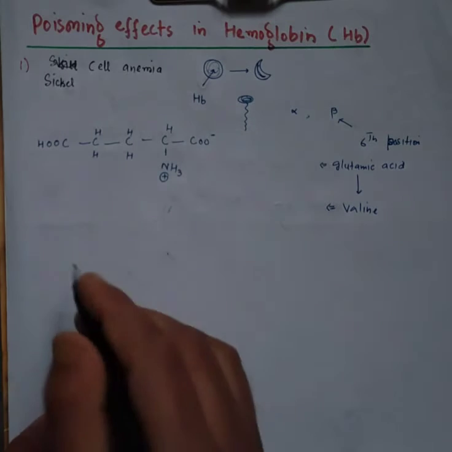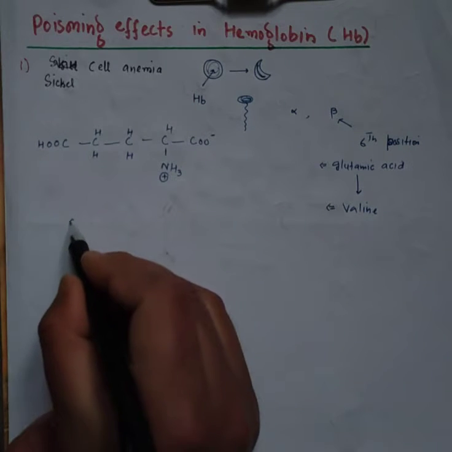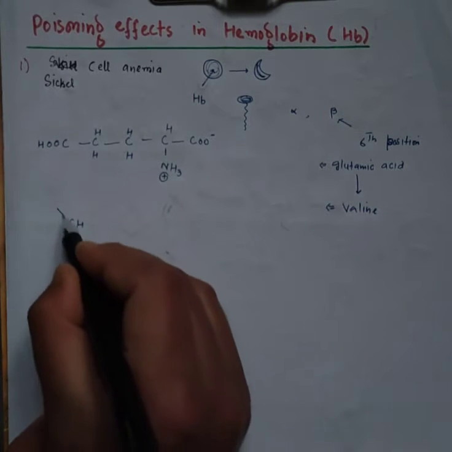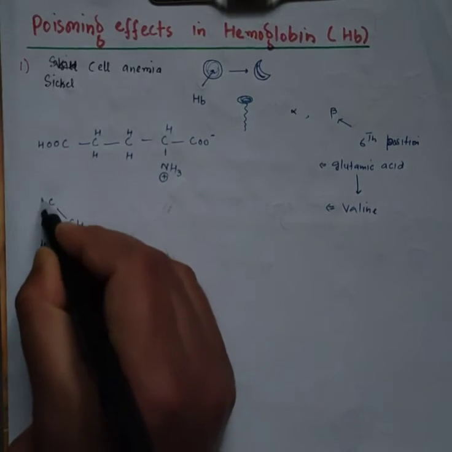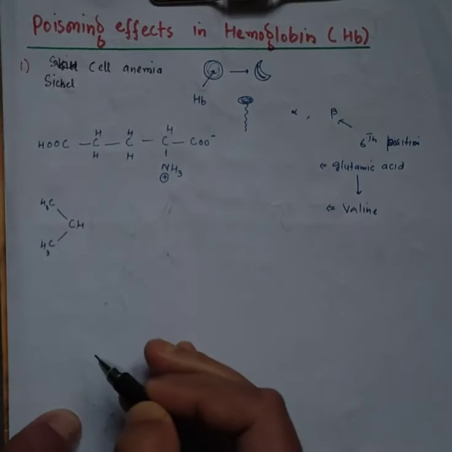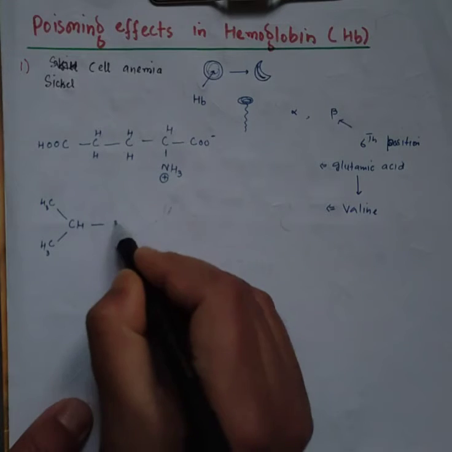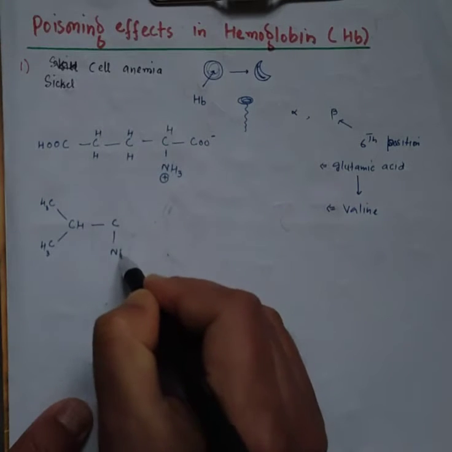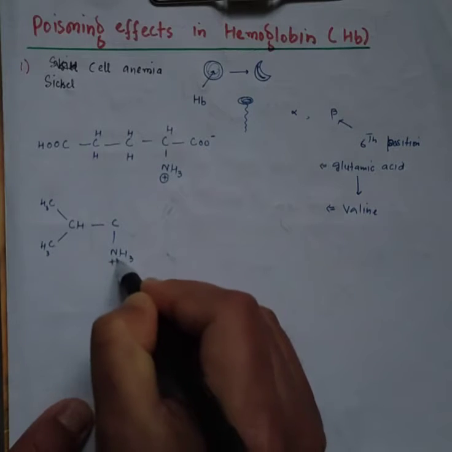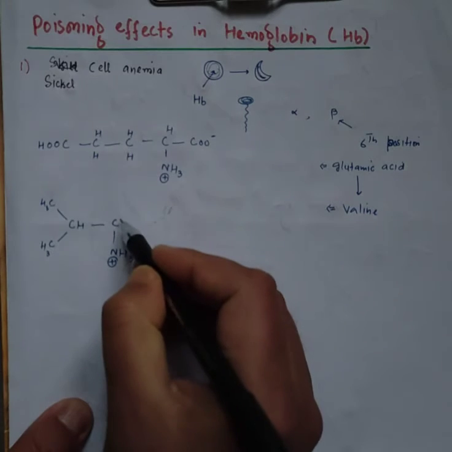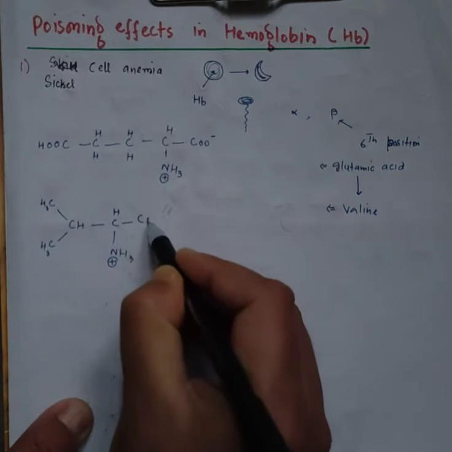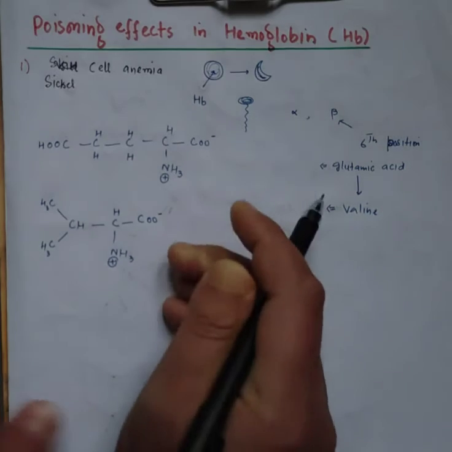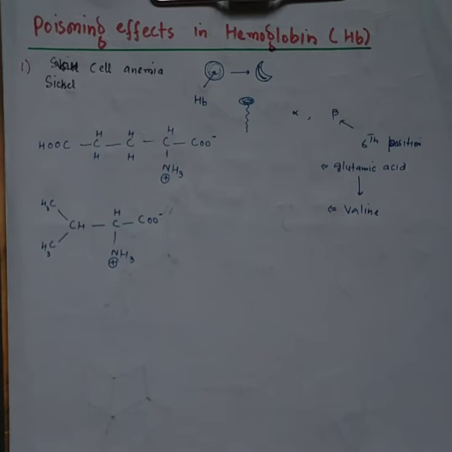Now let's talk about valine. Valine is like this: you have a methyl group here, another methyl group here, then that carbon, then a protonated amine here, and this is the COO negative side. This is called valine.